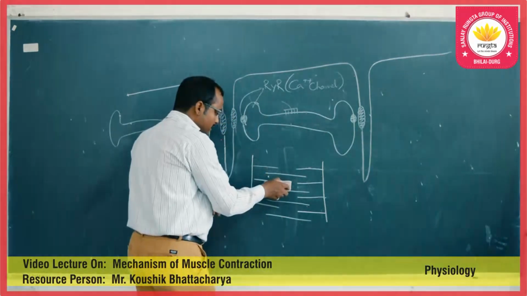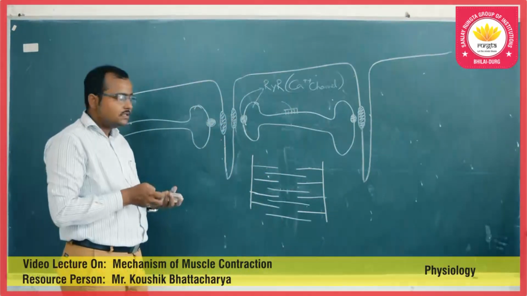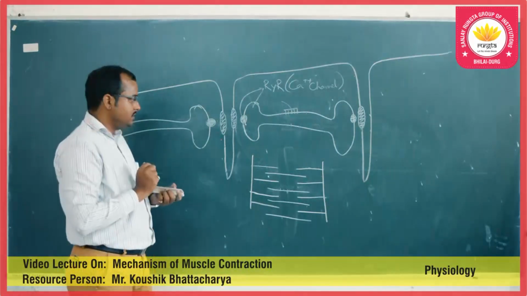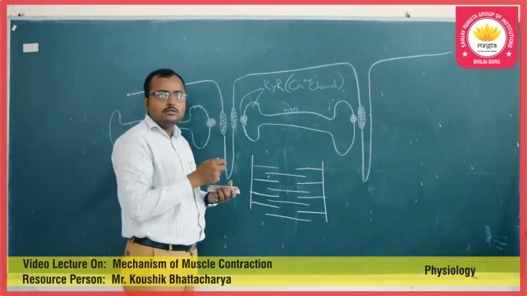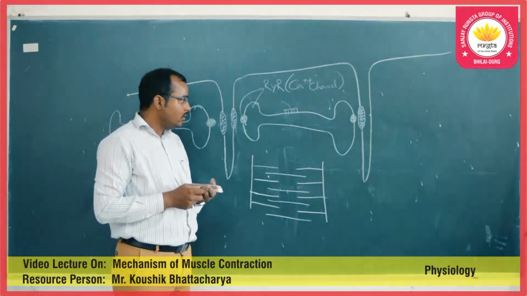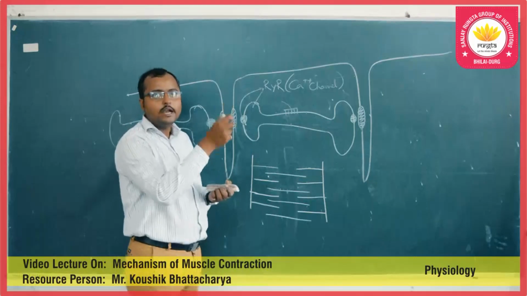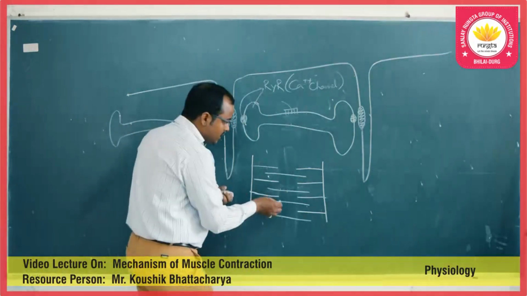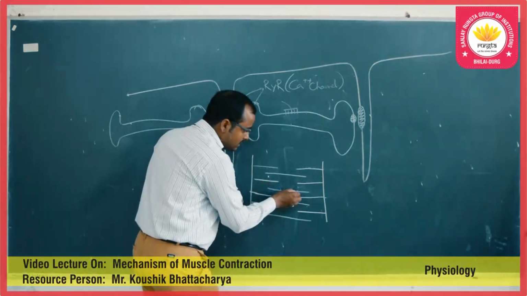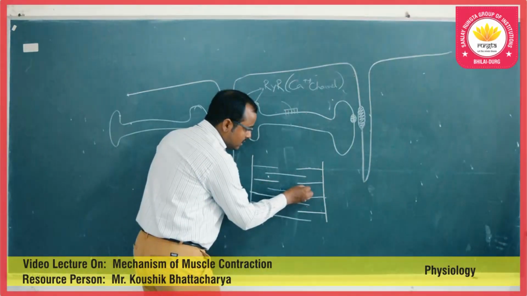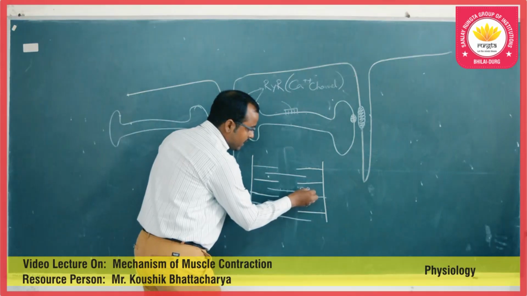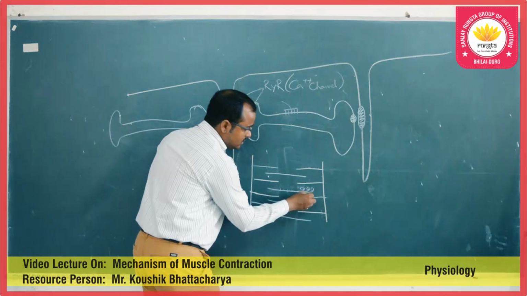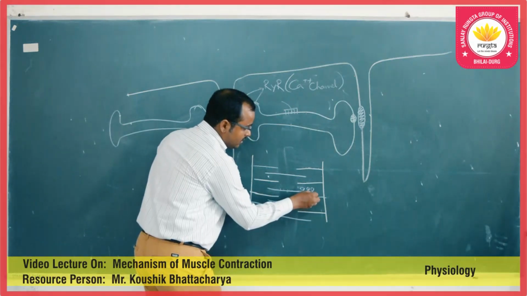Now, actually, these myosins have a specific structure: the globular myosin and the linear myosin, or we can say the myosin head and myosin tail. So the tail parts will be associated in these areas, whereas the head areas are present on the actin rich areas.